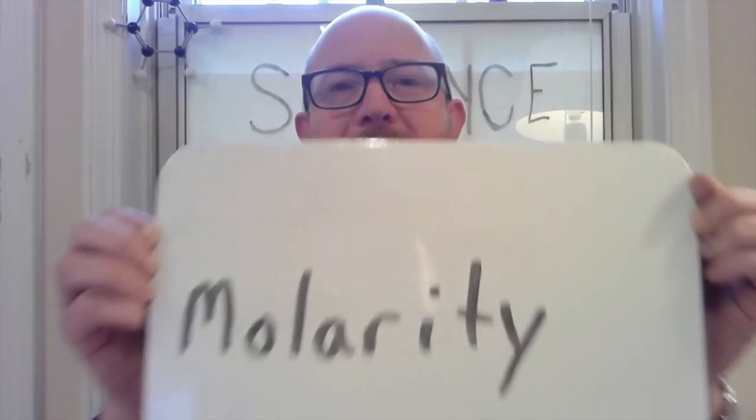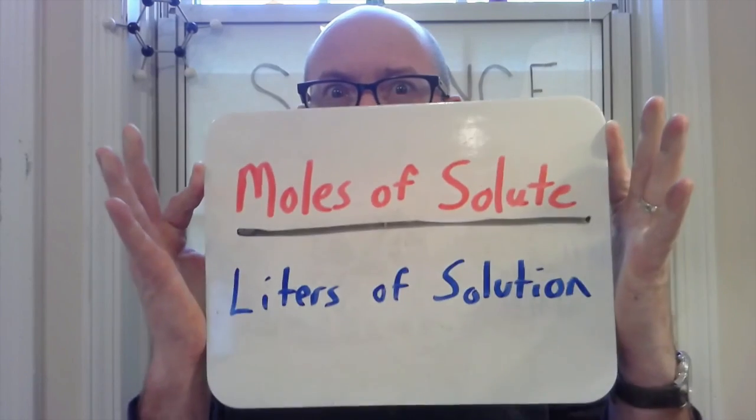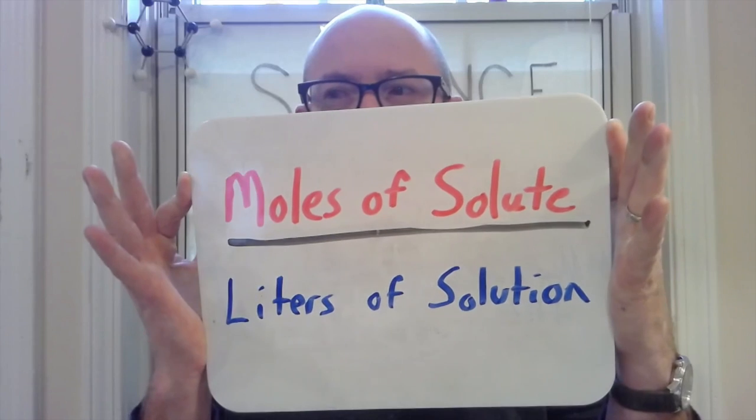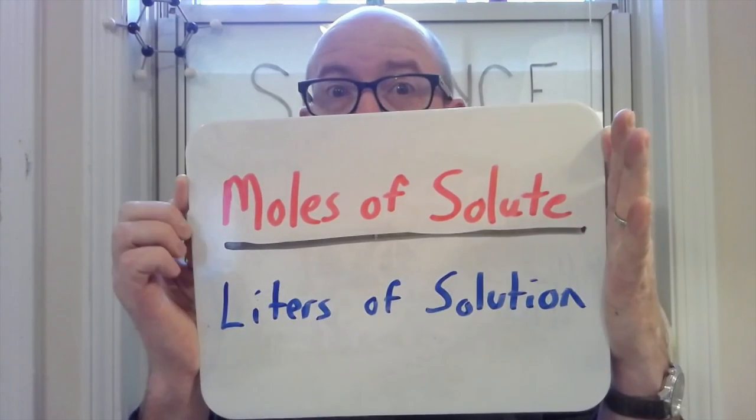So the solution of salt water, we're going to figure out how concentrated it is. Now, to do that, we're going to need a quick little formula. And here it goes. Definitely write this down. So, molarity is equal, wait for it, to the moles of solute divided by the liters of solution.